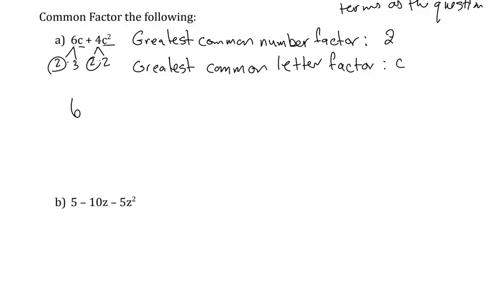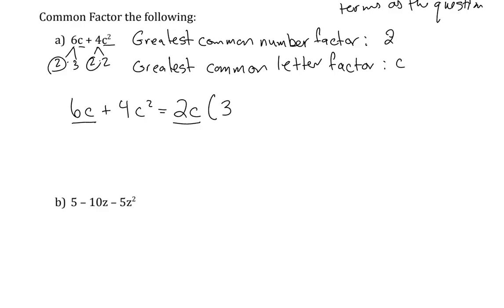So if I have 6c plus 4c squared, my greatest common number and letter factor combined is 2c. Now what I'm going to do is I'm going to say 6c divided by 2c is simply going to be 3.